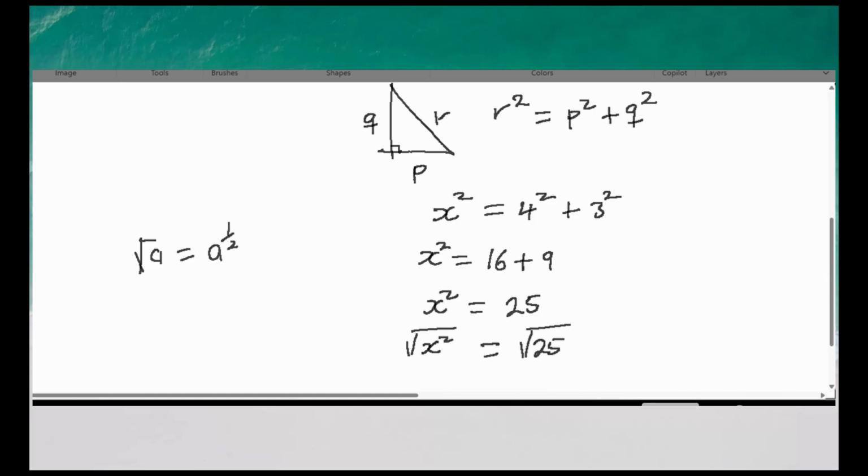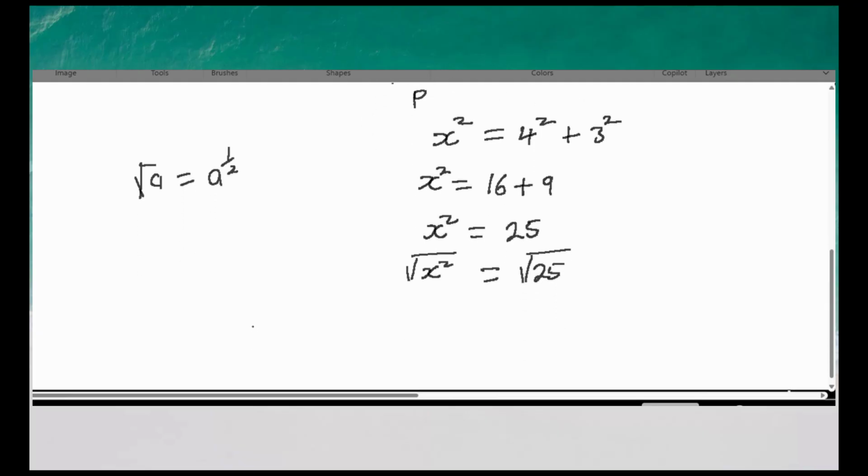So this square root is going to cancel the exponent of our x, because the square root of x squared is going to give us x.